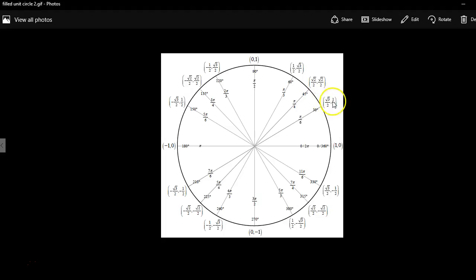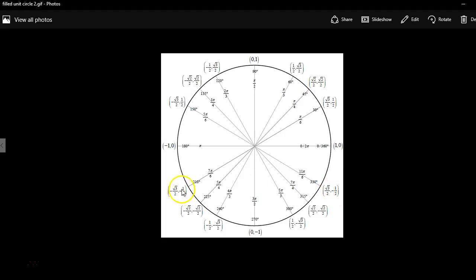One place is right here. Can everybody see that? That angle is pi over 6. There's another place where y is equal to 1/2, and the angle there is 5 pi over 6. And there are just two angles. For example, if you look here, y is not equal to 1/2, but y is actually equal to negative 1/2.